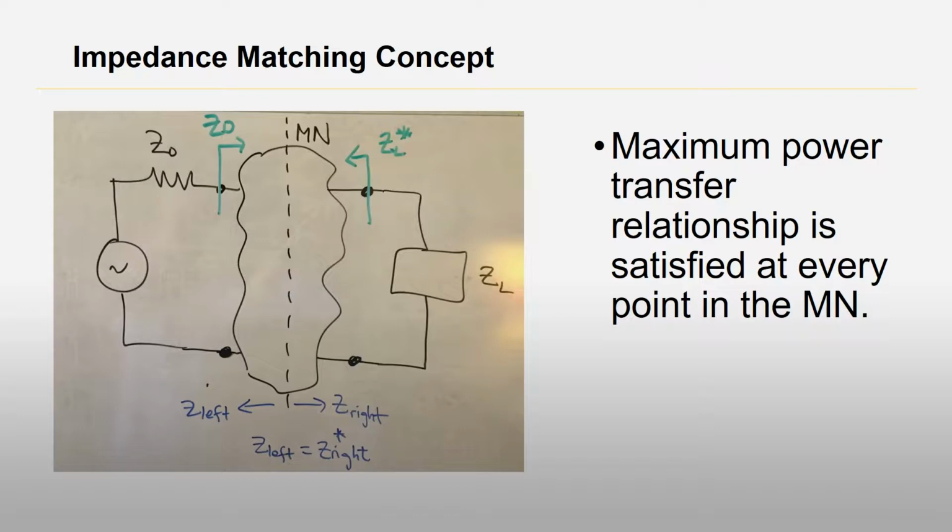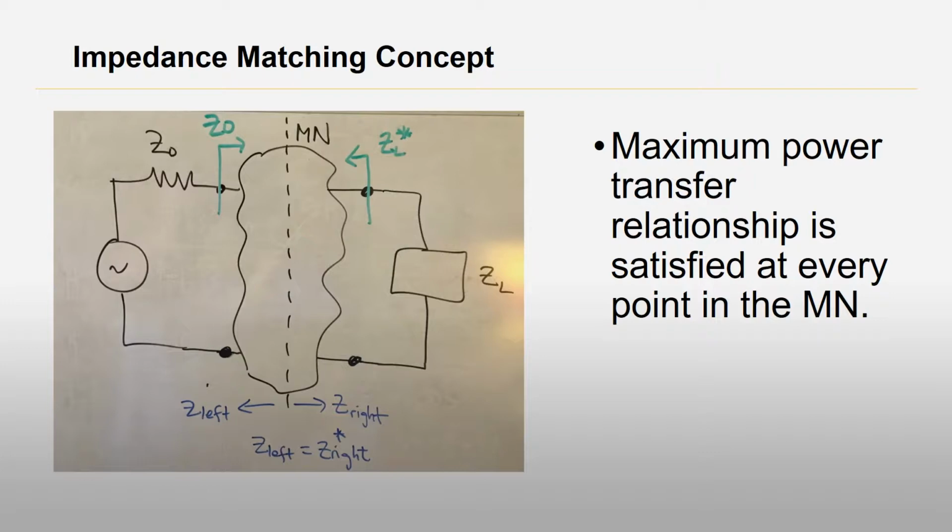Now this is an important concept to grasp. If I have a lossless matching network, then maximum power transfer is satisfied at every point in the matching network. So here I'm showing a generator with an internal impedance of Z0, which is real, connected through a matching network to a load ZL. Now, if I look into the input terminals of the matching network, I see Z0 in the ideal situation.